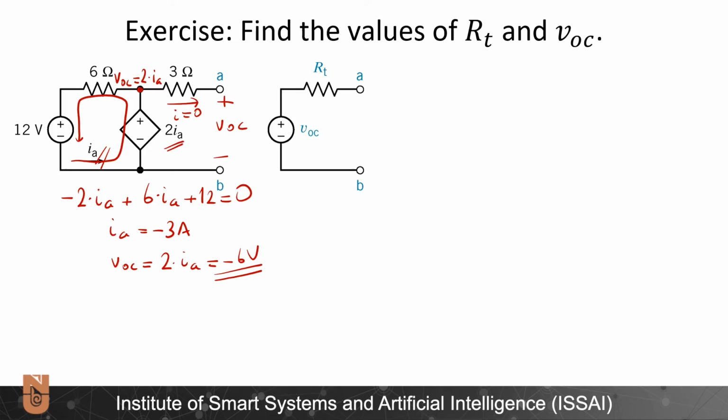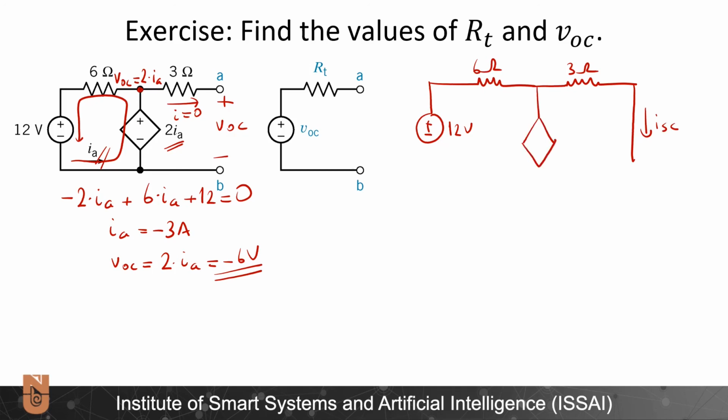Now I need to start solving the second part. I will redraw the circuit such that I don't get confused. Here I have the I short circuit flowing. Here I have my dependent source again. And I have here the current IA flowing.